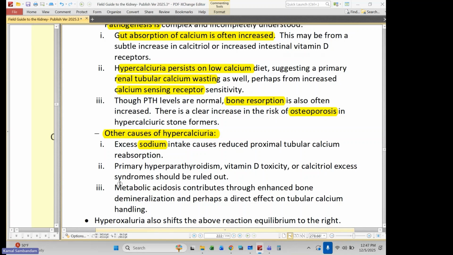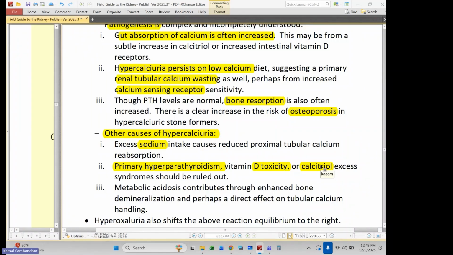Obviously, if I have primary hyperparathyroidism, if I have sarcoidosis or other disorders of excess calcitriol, sometimes I'm seeing actually in the community, people are just overdoing it with vitamin D. In my stone clinic with hypercalciuric patients, I'm not rarely seeing patients with a vitamin D level of over 100. And people lean into too much of a good thing.